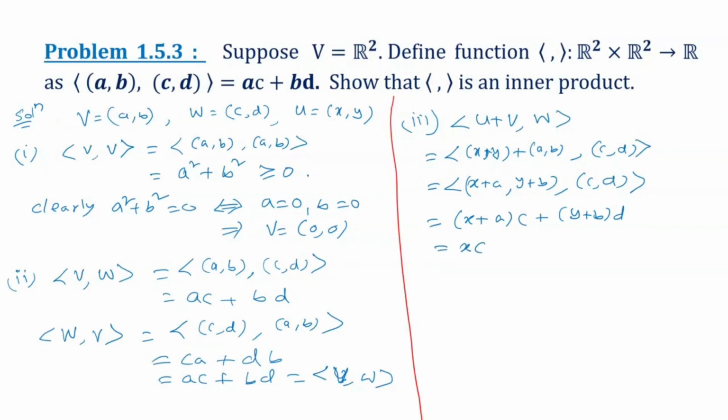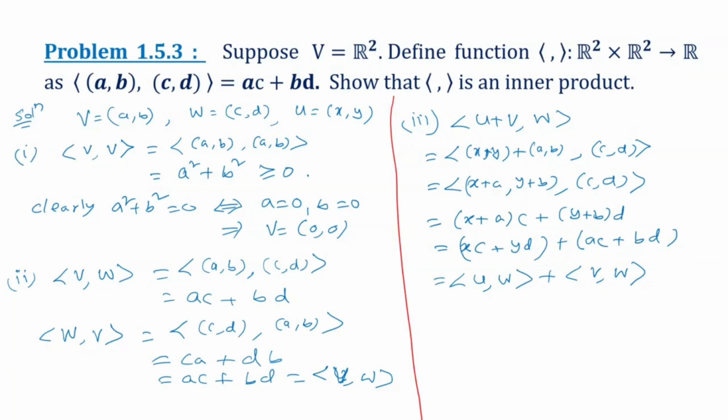So this is xc plus yd plus ac plus bd. So this is the inner product ⟨u, w⟩ plus the inner product ⟨v, w⟩. So therefore the third property also holds.